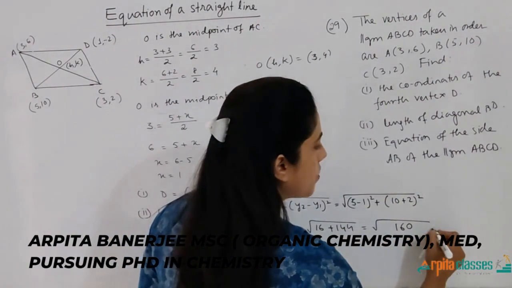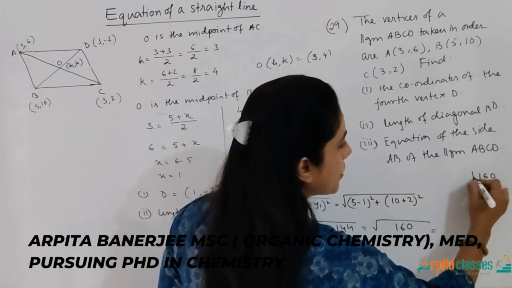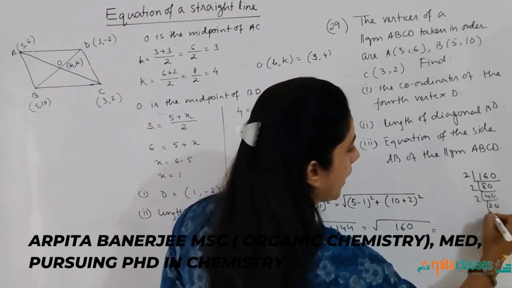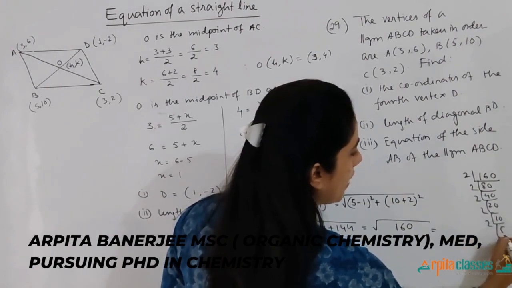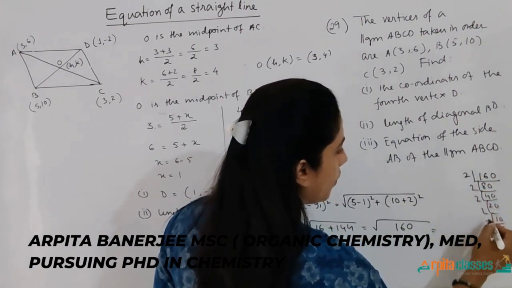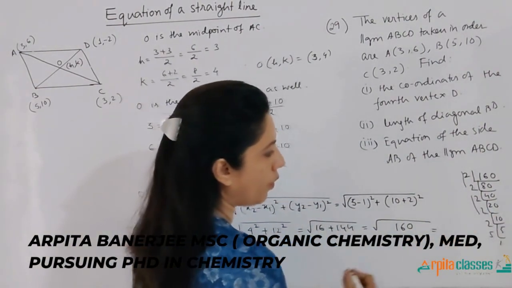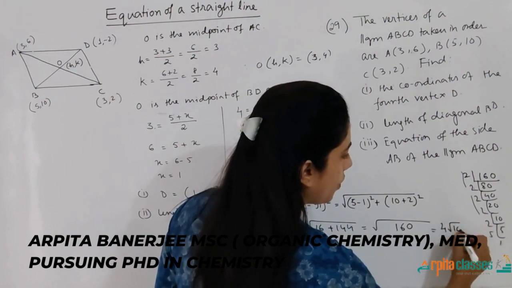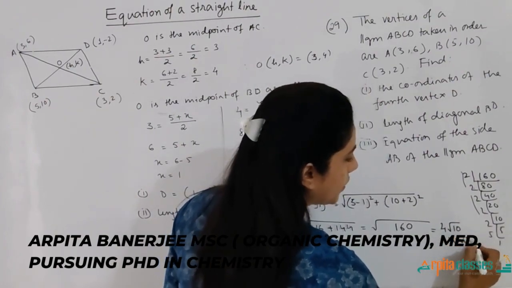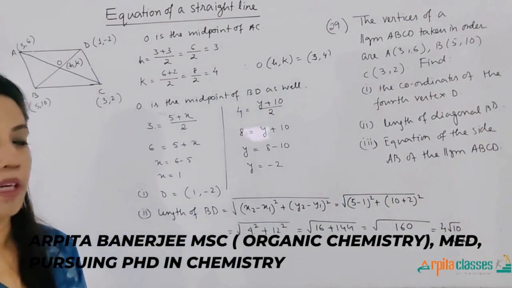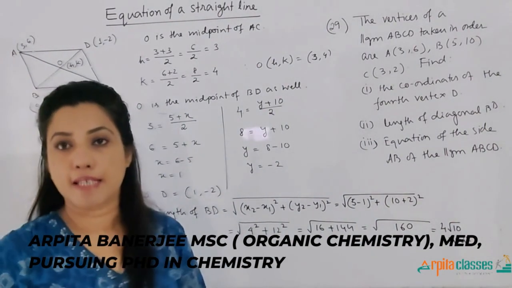Now let us do the factorization of 160. 2 eights are 16, 2 fives are 10... so 2 into 2, that is 4 root 10. So here the length of BD will be 4 root 10 units. Okay, that we got by the distance formula.